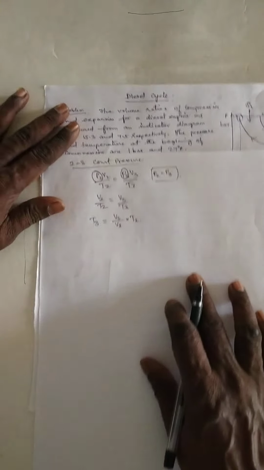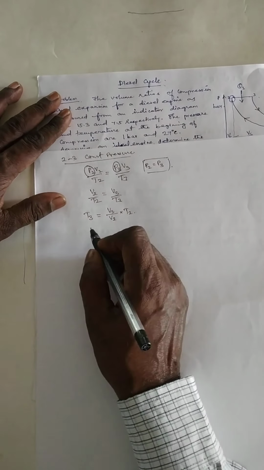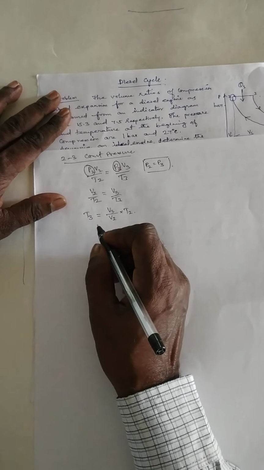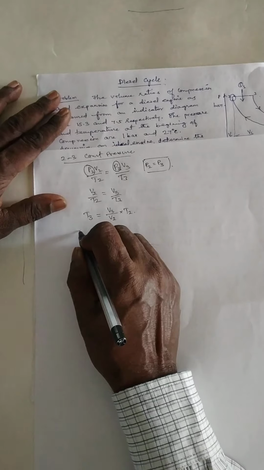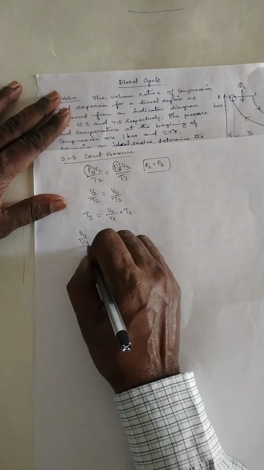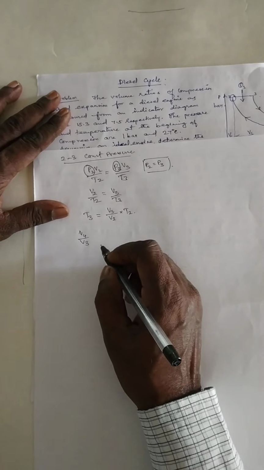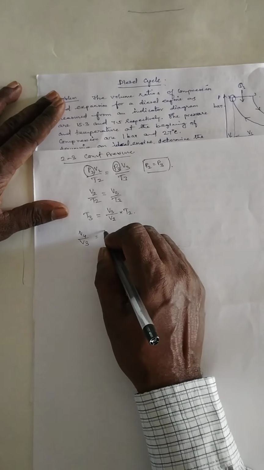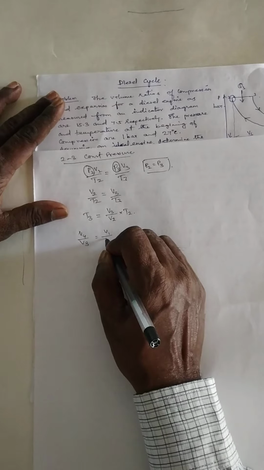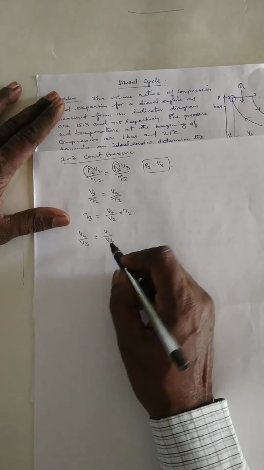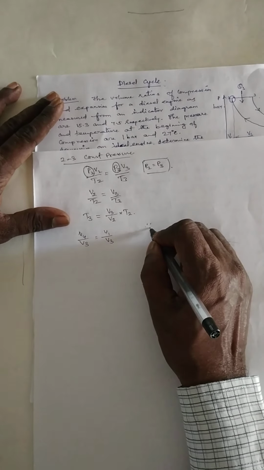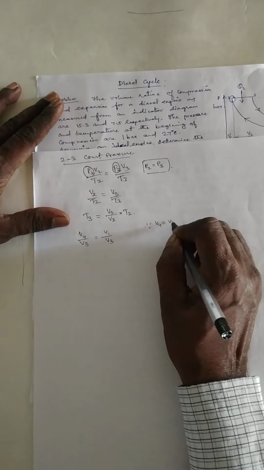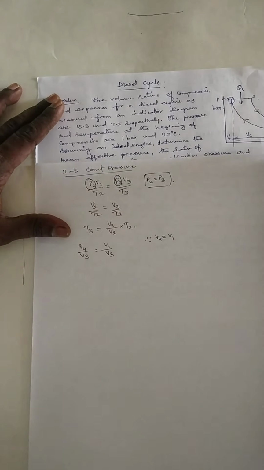From the expansion process, V4 by V3 is equal to V1 by V3, since V4 is equal to V1, which we can see from the diagram.